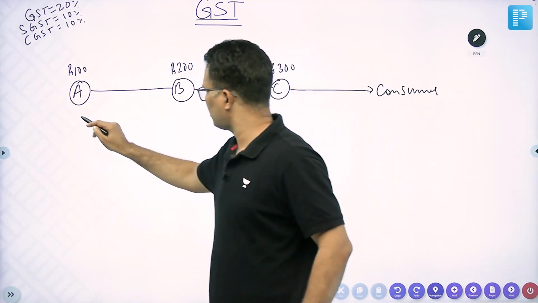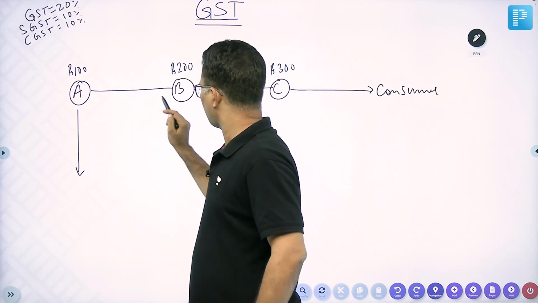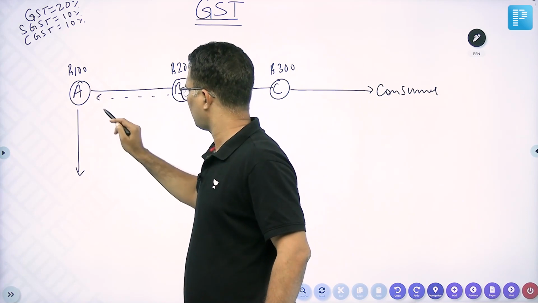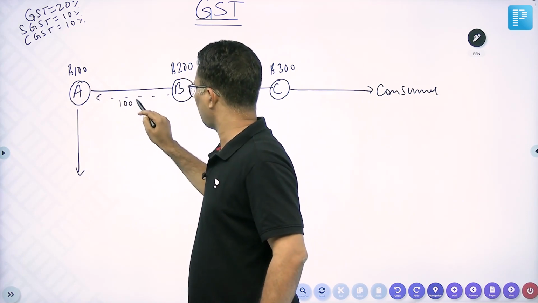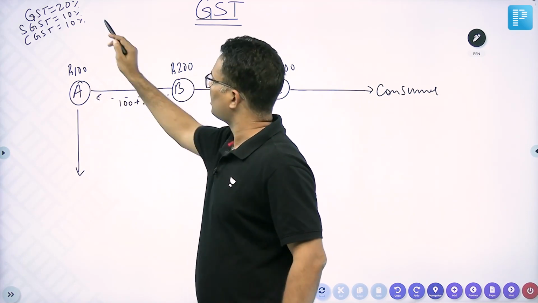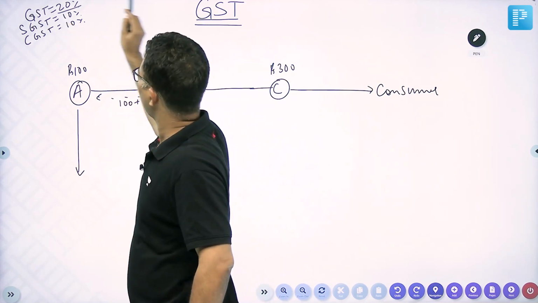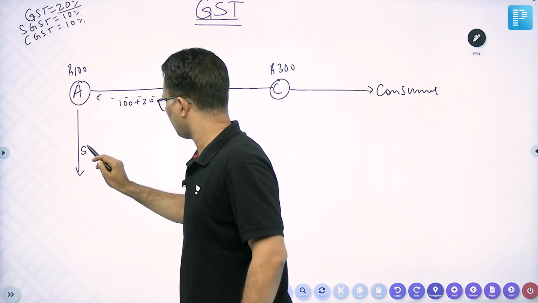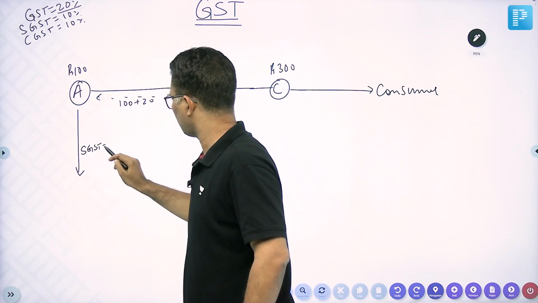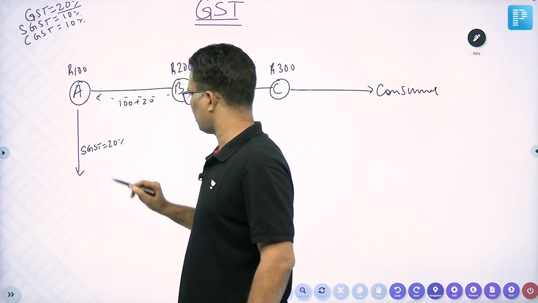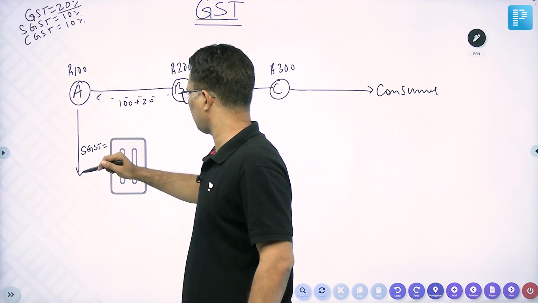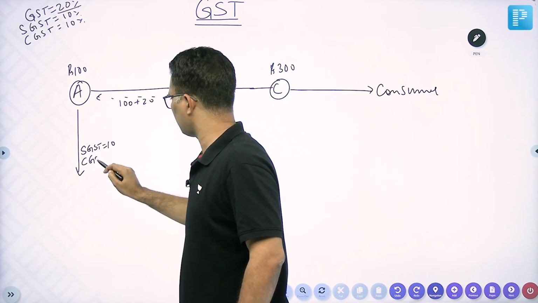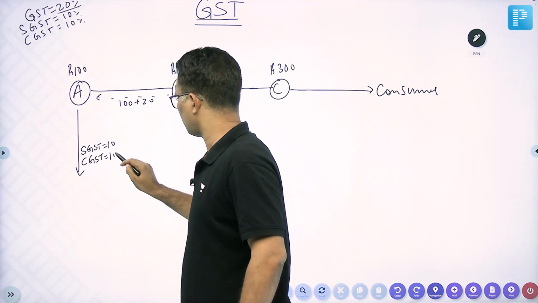What will happen? 100 plus 20, GST rate 20%. So A will pay 20: SGST 10, CGST 10.